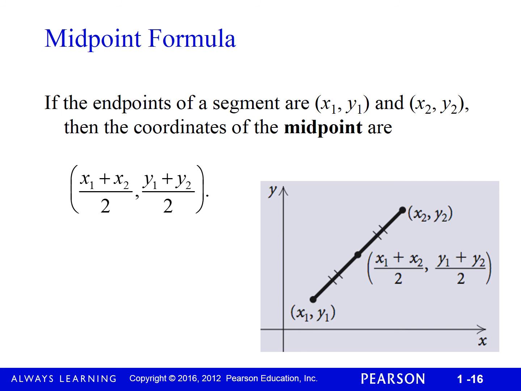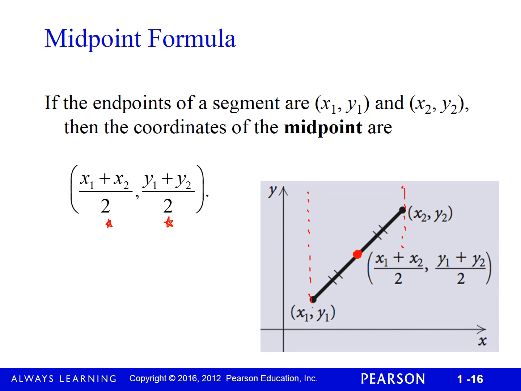Well, we can't have a distance formula without having a midpoint formula. And so you can see the logic of this. Here's a midpoint with a first coordinate, an x coordinate, and a second coordinate, a y coordinate. For the midpoint of a line segment, the x coordinate is the average of the 2 x coordinates.